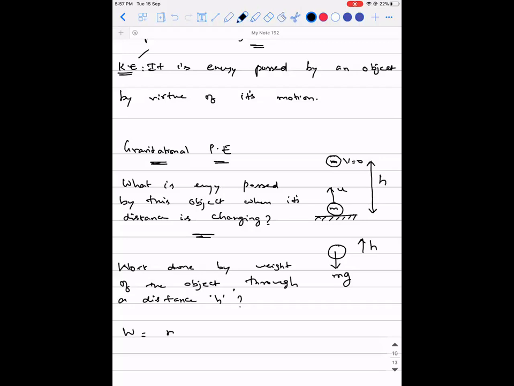So W is equal to mg force. We know the formula, force into displacement into cos theta. Here we are dealing with constant force because the mass of the object is constant, g is also constant, with acceleration due to gravity. mg into h into cos of, how much is the angle between both?